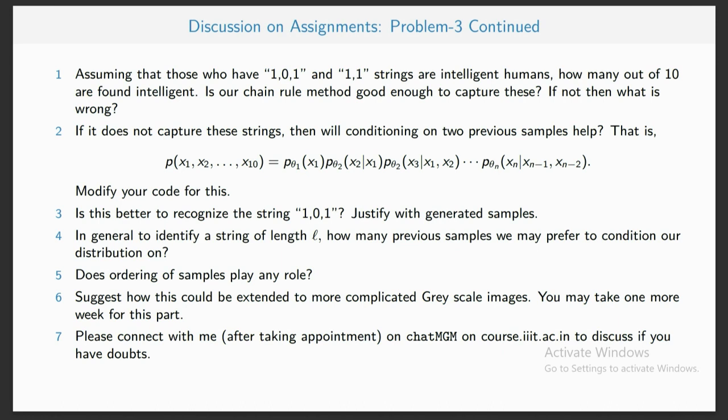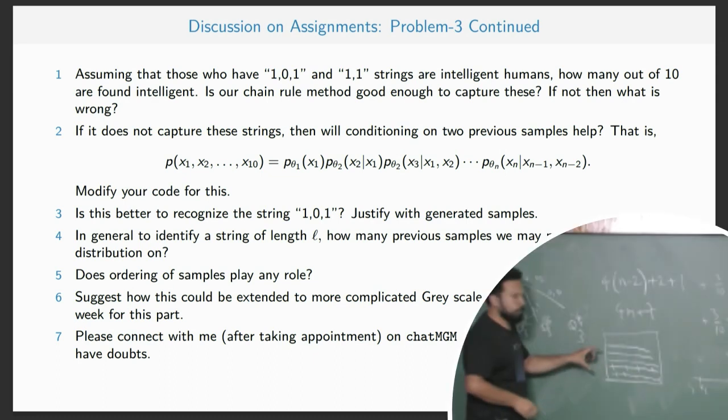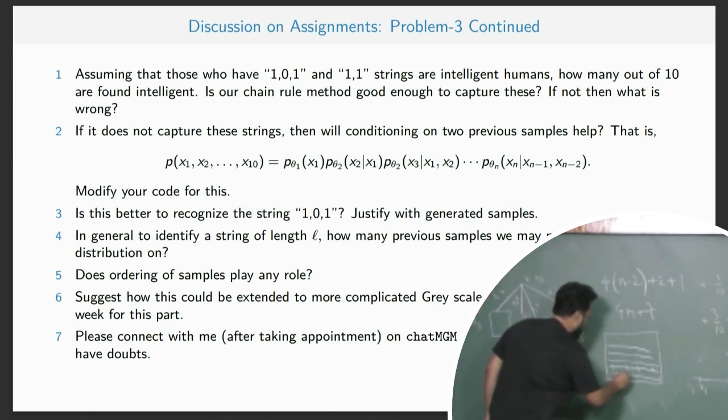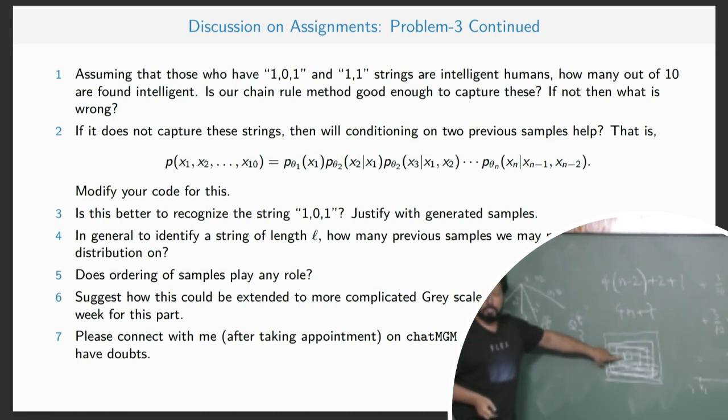Another thing to play with is the ordering of x1, x2, x3. If it is a black and white image, you need to do the ordering in the chain rule, x1, x2, like that. So the way we do is x1, x2, x3, then x4, x5, x6, x7. But which is a good ordering? Should I go ordering like this, or should I go ordering like this?